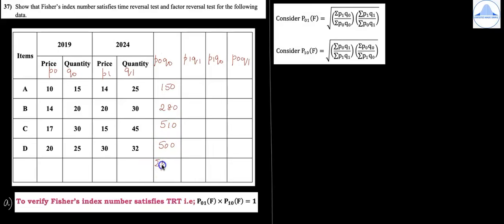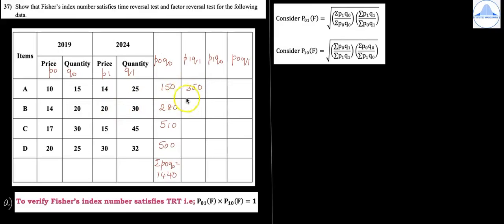So summation P0 Q0 is equal to 1440. Next we'll find out P1 Q1. So it is 14 into 25, which will be 350.